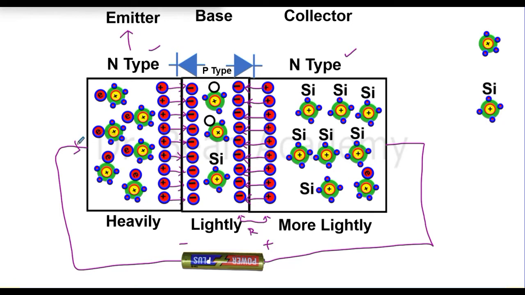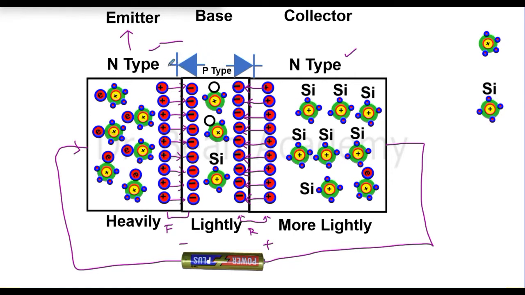But the emitter n-type is connected with the negative terminal. So this junction is in forward bias mode, because of course this p-type will act like it is connected with the positive terminal for this junction, because here is the symbol of the diode.